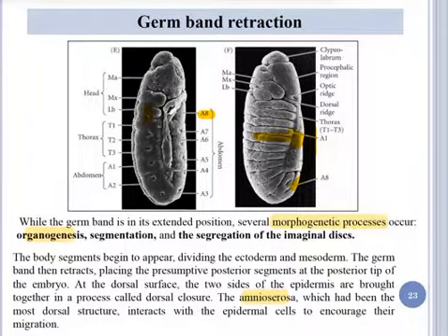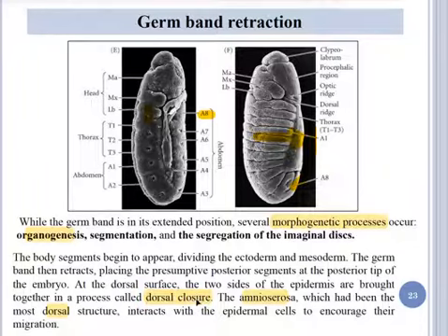And this is due to the interaction between those epidermal cells and this amnioserosa, to help out the migration of these ectodermal cells dorsally. And once these epidermal cells have migrated to the most dorsal side, we talk about a dorsal closure, okay.